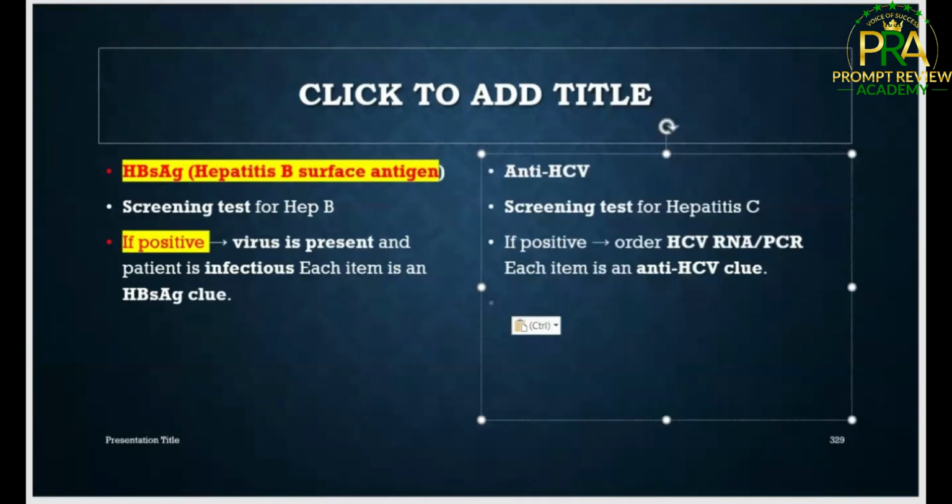If this anti HCV is positive, that means you have to order HCV RNA and PCR.